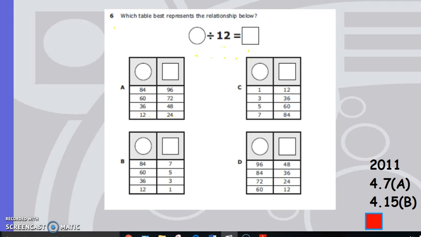The thing to be considering is whatever line you put here for the circle must be the line here for the square. You cannot choose one circle from here and one square from here. It has to be corresponding relationship.